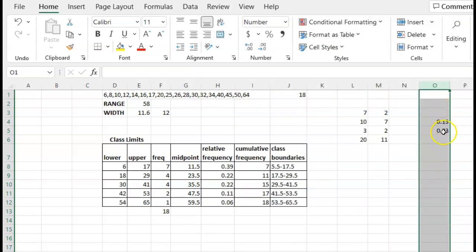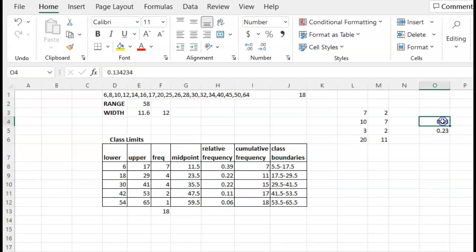And you can see that it cut it off. Actually, it didn't cut it off. What it did is round it for us. If I go here, again, you can see what is in your cell, but because I formatted it to only 2 decimal places, that's what it did. Likewise here, what's in the cell is 0.232344, but it rounded it because I said I only wanted to see 2 decimal places.